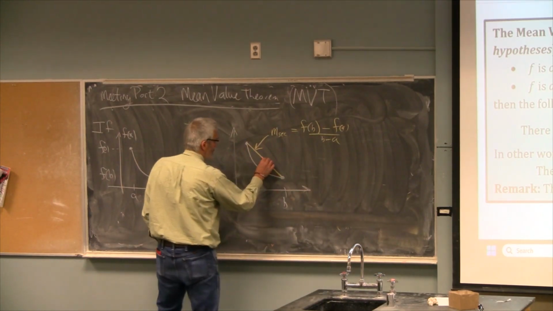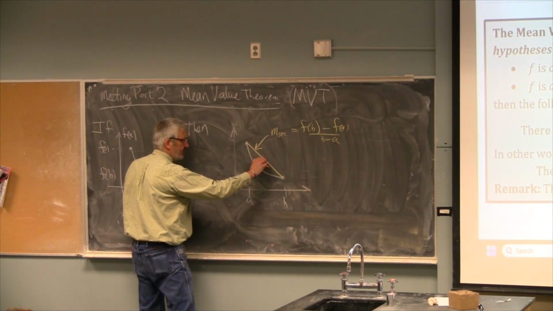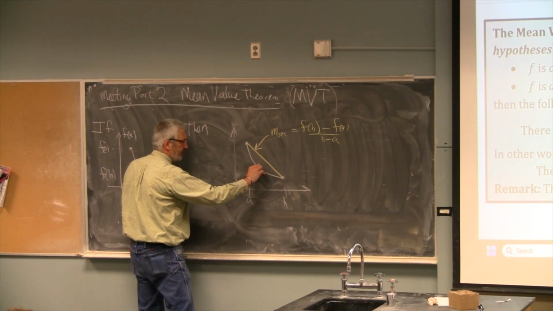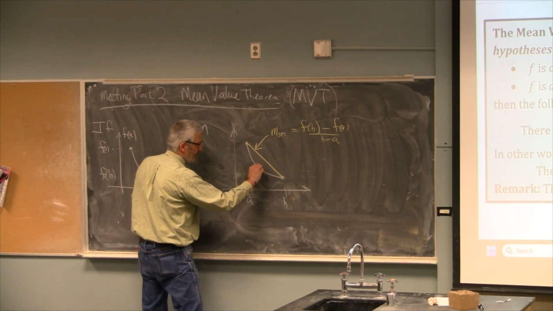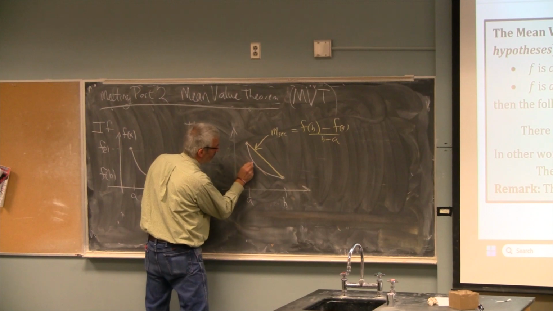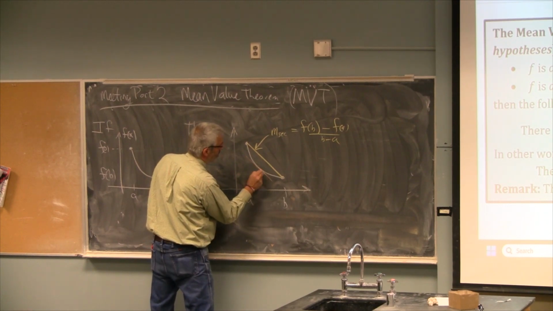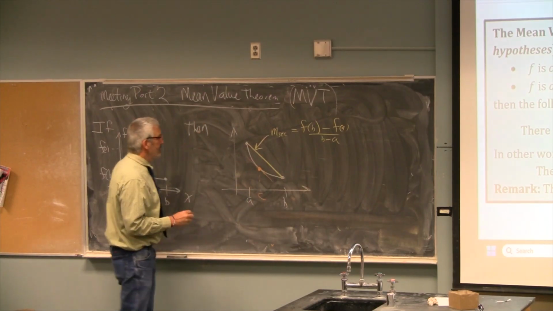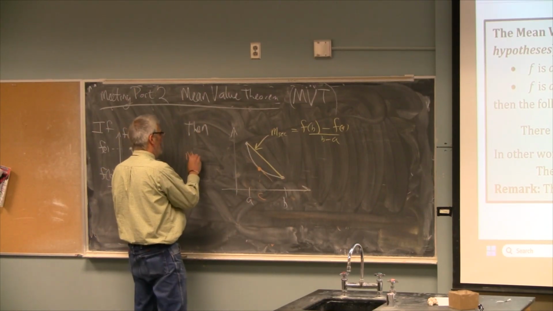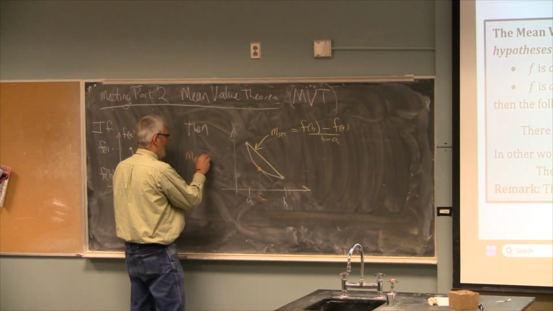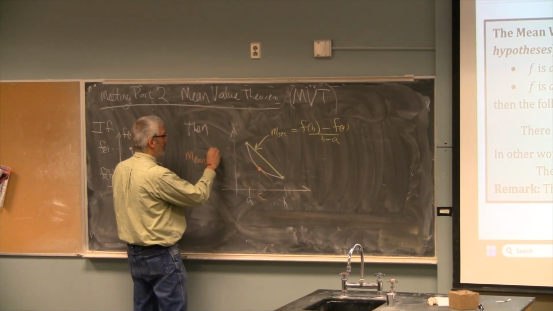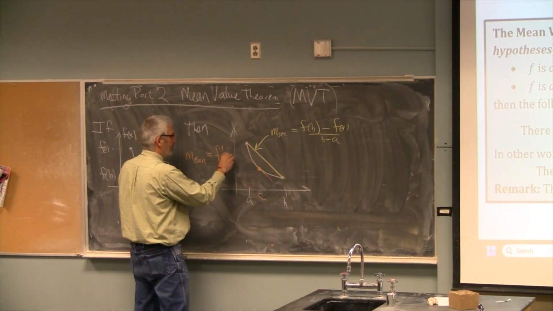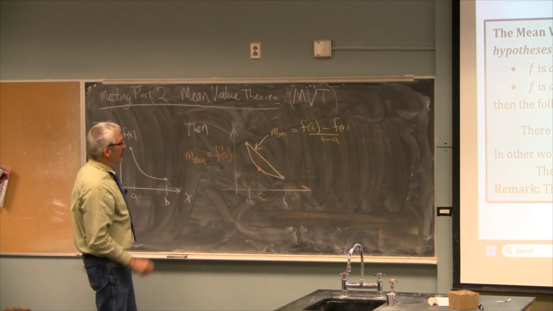So here's a line that's parallel. Let's move it down until it's touching the graph and is tangent. Right about there, it looks like. So this is my number c. And so the tangent line slope is f prime of c, and those two things are equal.